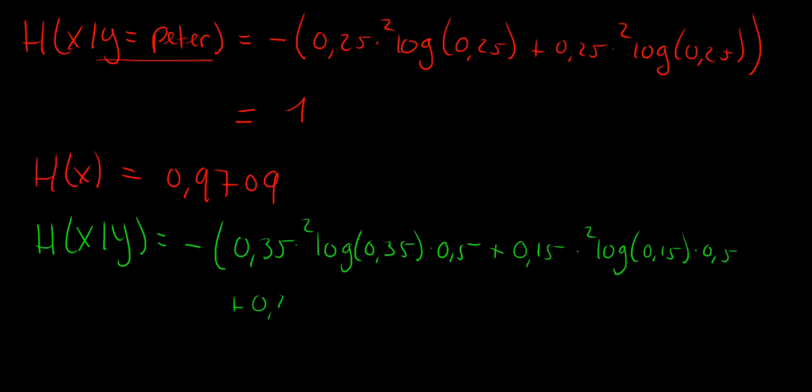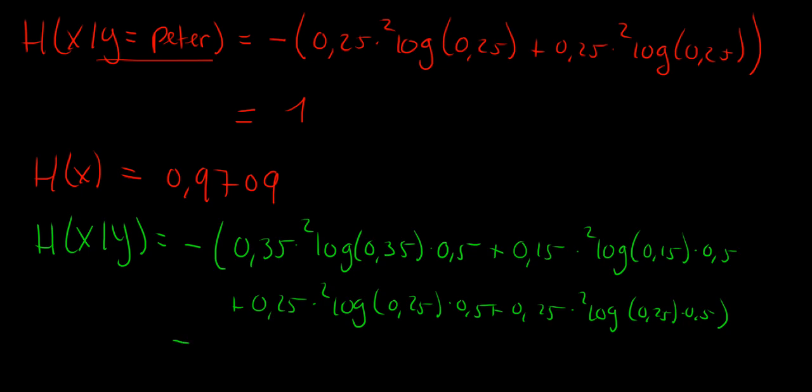plus 0.25 times 2 log 0.25 times 0.5, and the last one, which was also 0.25 times 0.5. And if we put this all in a calculator, we will get to the value of 0.9406.